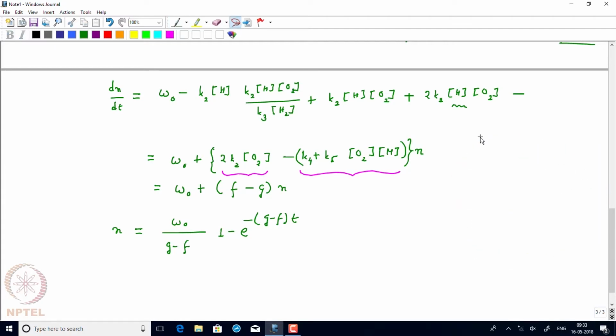So let us solve this integration. So let us now solve this equation or integrate this equation.